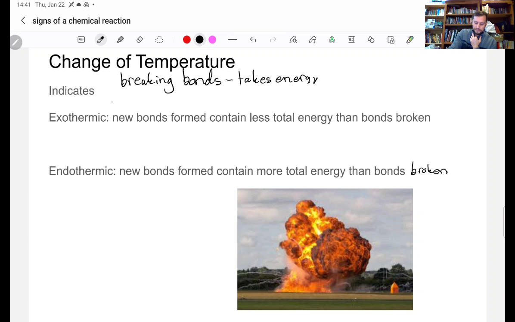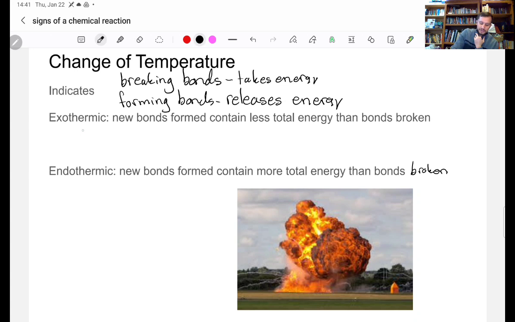And then forming bonds does what? Tell the person next to you. Forming bonds releases energy.